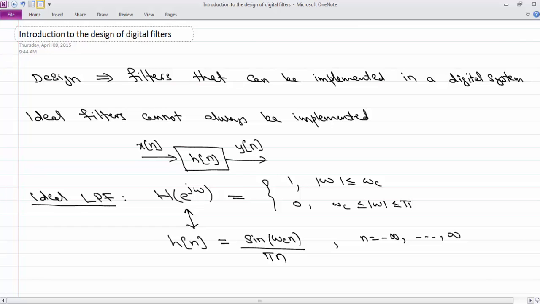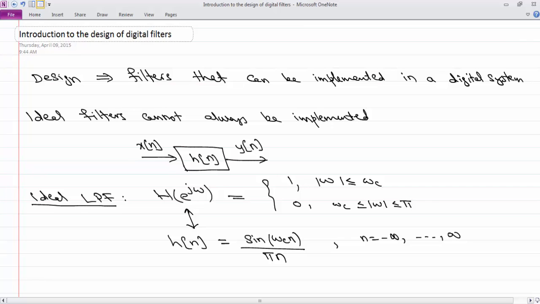Right? You cannot have infinite sums computed inside digital systems. You also cannot use the DFT-based approach that we talked about earlier, because this is not a finite duration sequence.